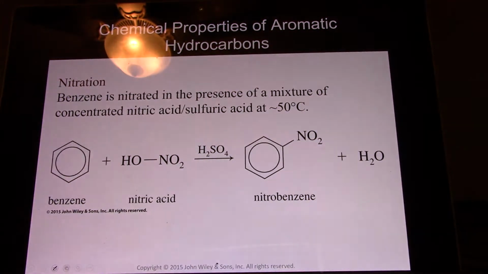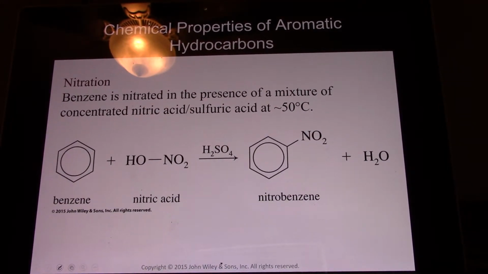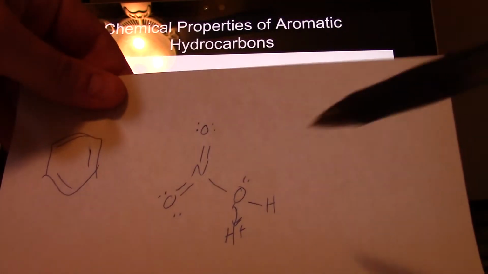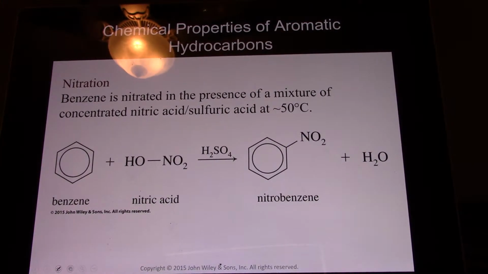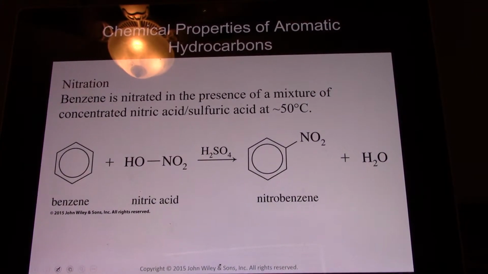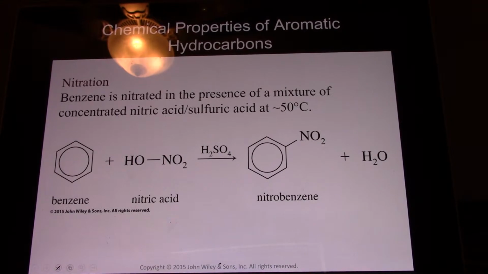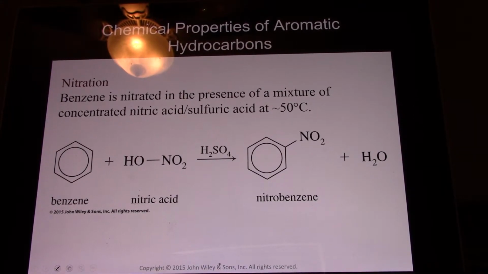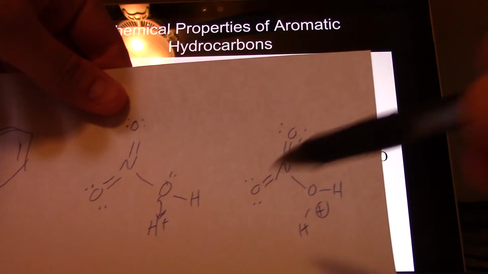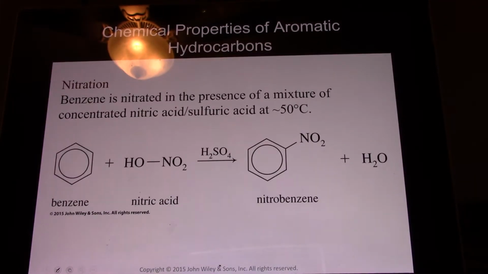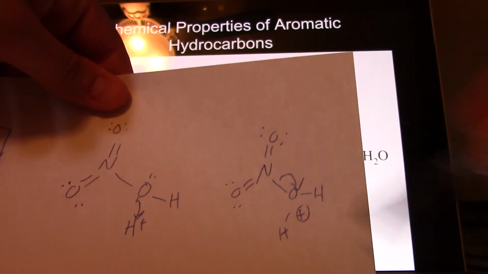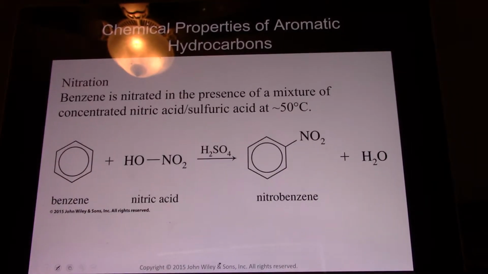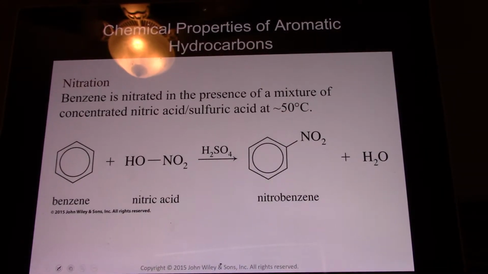And sulfuric acid is so acidic that it actually acidifies the nitric acid. So this oxygen attacks an H+, forming this intermediate product. And now these electrons here go to the oxygen to let water escape, leaving us this compound.